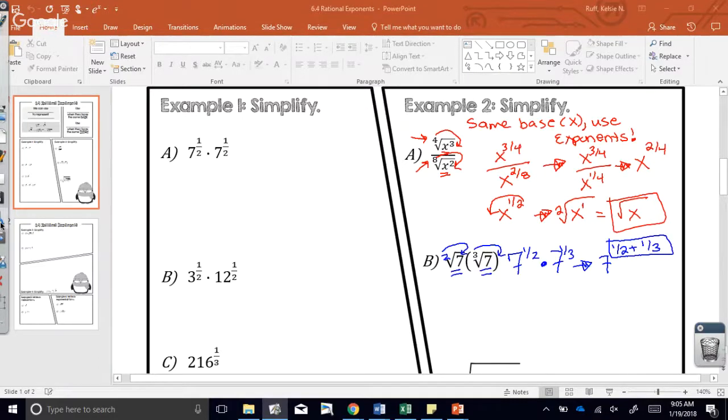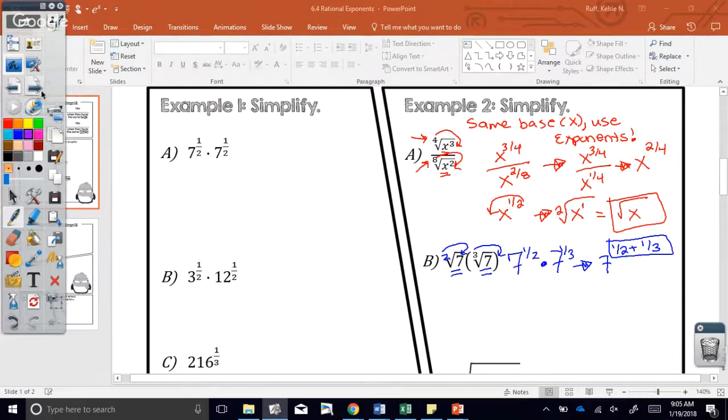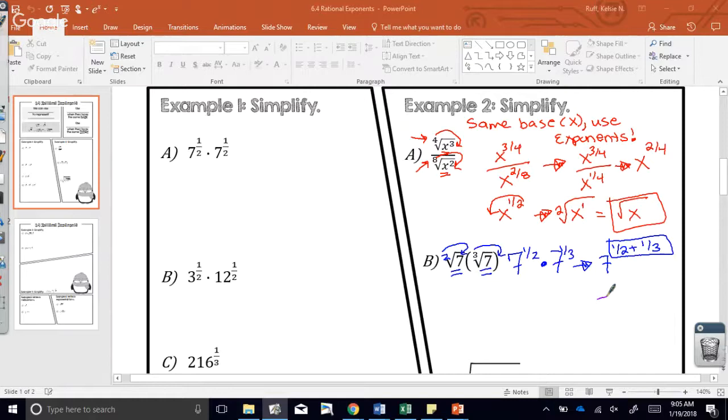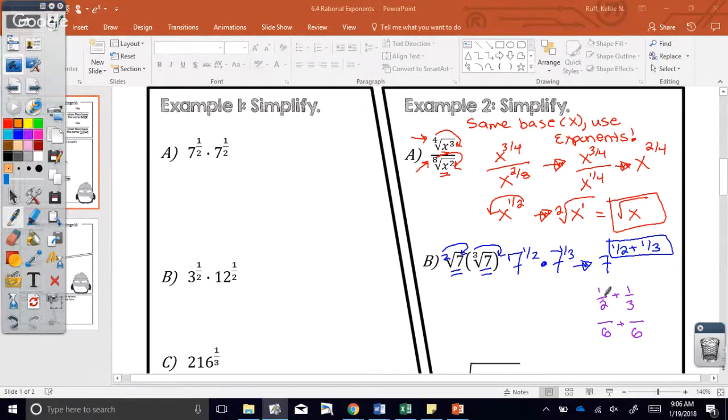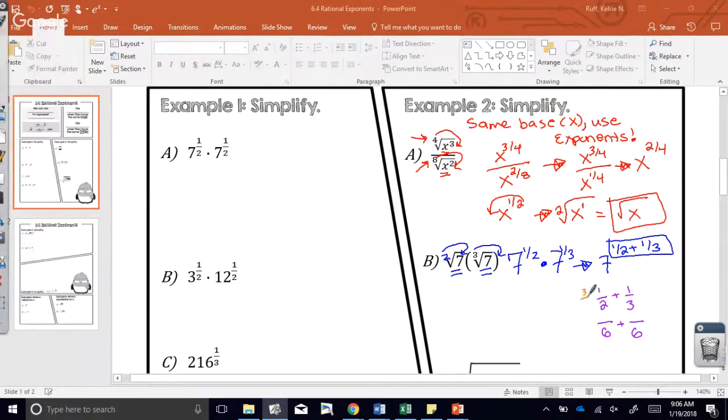Okay, getting these to be able to add, I need them to match. I can make 2 and 3 both become 6. The way 2 becomes a 6 is I multiply by 3.